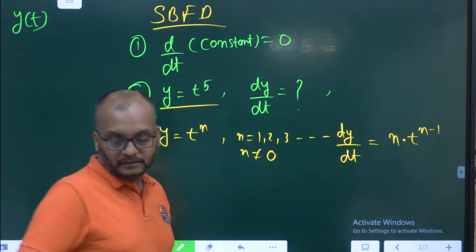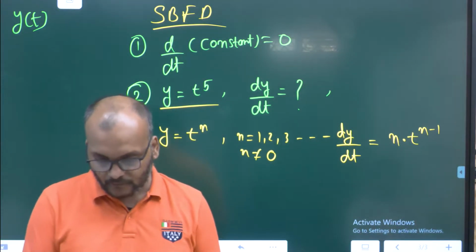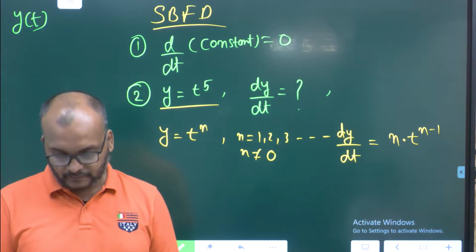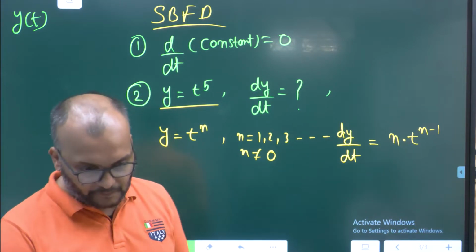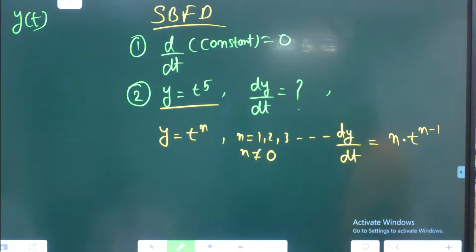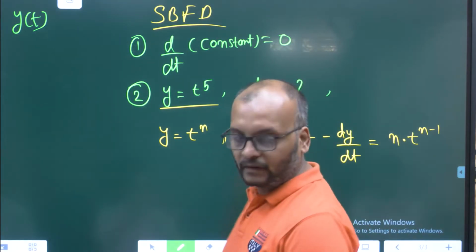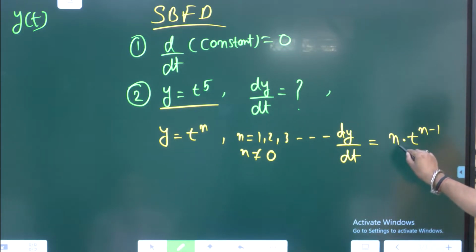Done or not? अरे 5 भी तो आएगा भाई, वो 5 यहाँ पे आप n लिखेंगे ना?